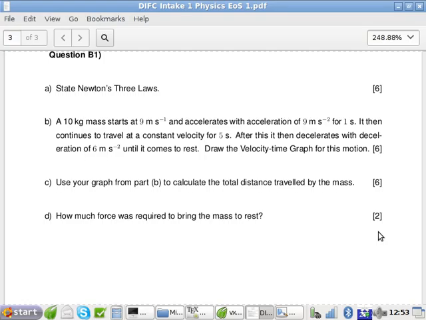And then waves, the question I did today is an example of a section B wave question. So something like this you might get in the exam. In section A the wave question would be much shorter.